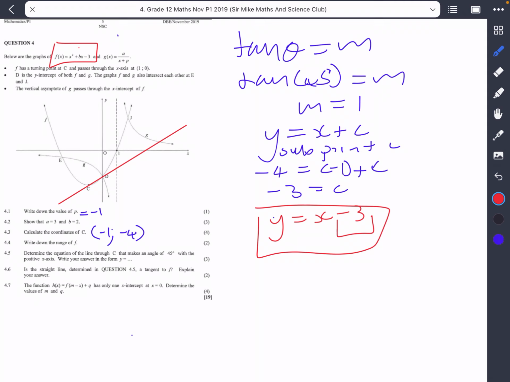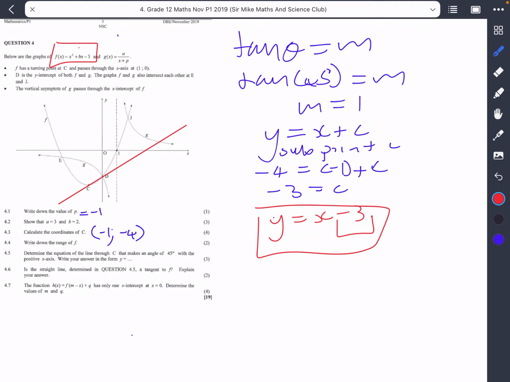But you also found out that the same graph would also pass through point D, because that's where we have -3, which is also the y-intercept of the graph f of x. So it is not a tangent to f, because it is passing through both points C and D.